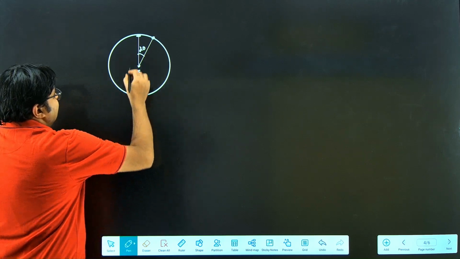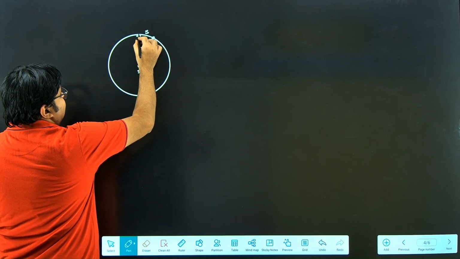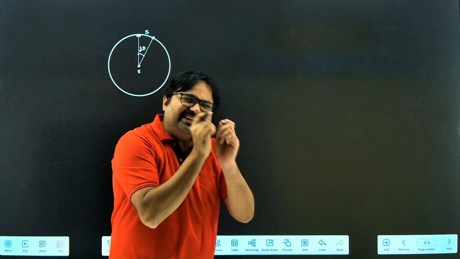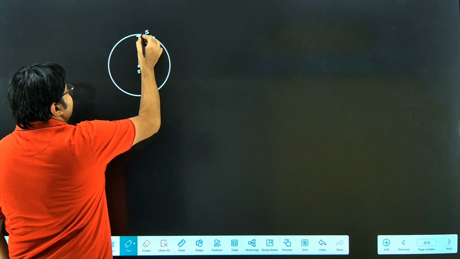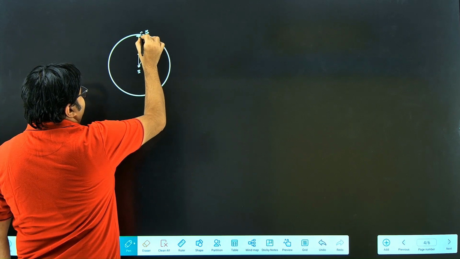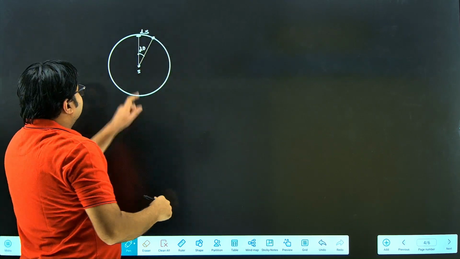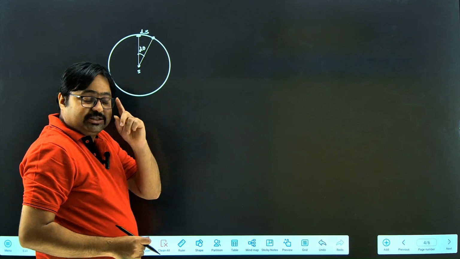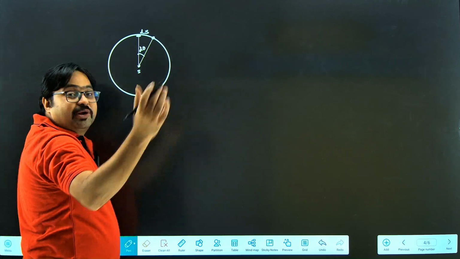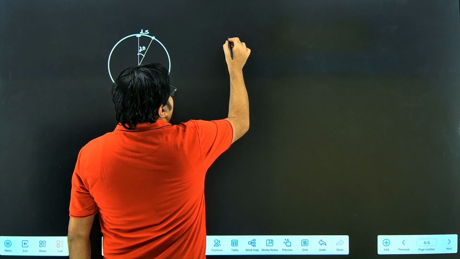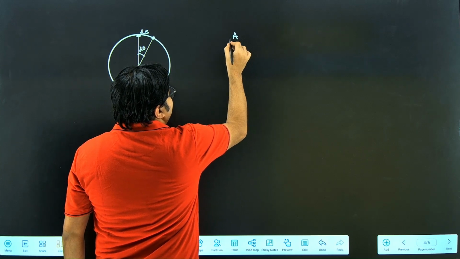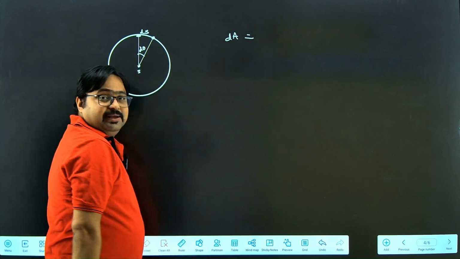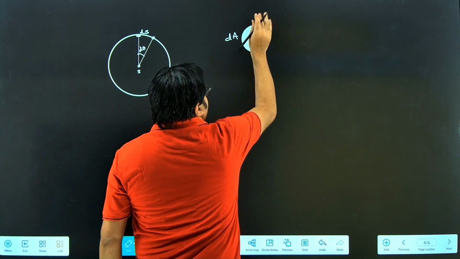If that is the case, and ds is the distance that it has traveled, this d theta is such a small angle that you can say that ds, the tiny bit of distance that it has covered, is essentially almost a straight line. So if you ask me, sir, how do you calculate the area? Very simple. The area is, we call the area dA because it's a very tiny area. It can be written as half into base into height.